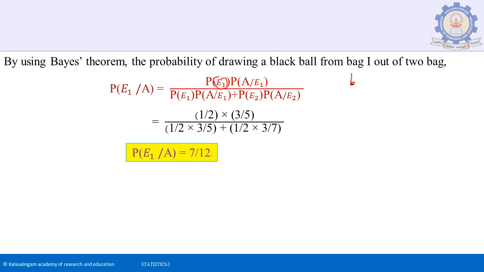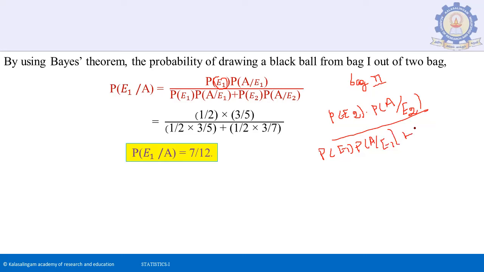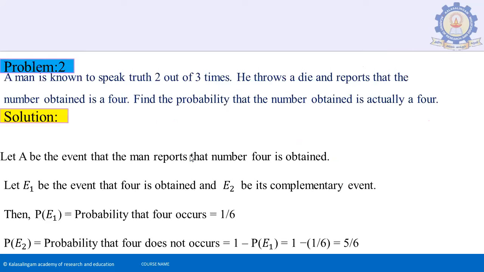If you are selecting a black ball from bag 2, you write P(E2) into P(A|E2). We know the probability of E1 and A given E1, so you substitute the values and you will get the answer 7 by 12.